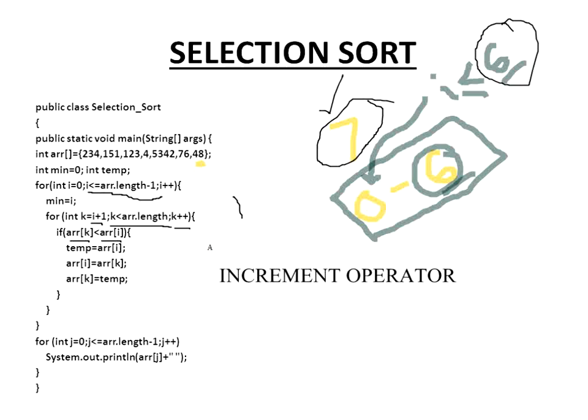Now you see, we have to make a comparison: if ARR[k] is less than ARR[i]. Now what is ARR[k]?